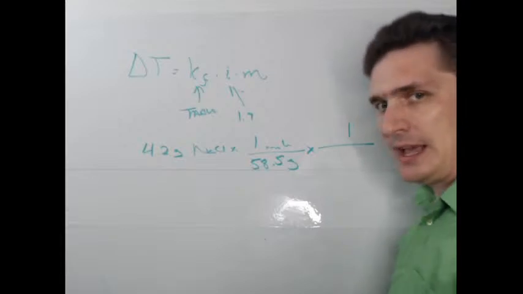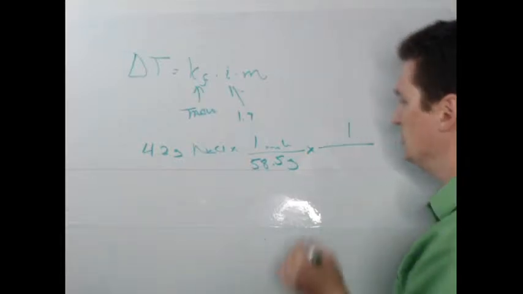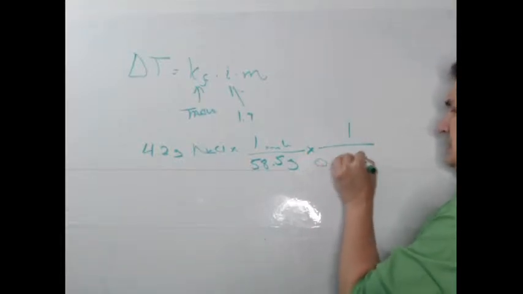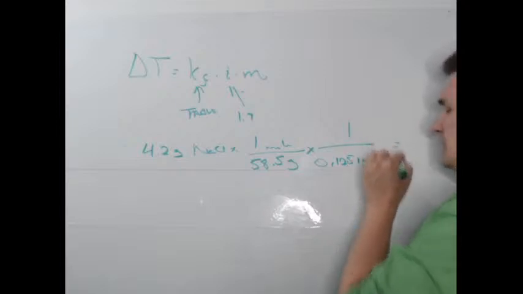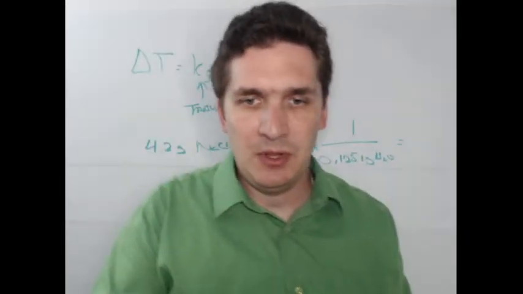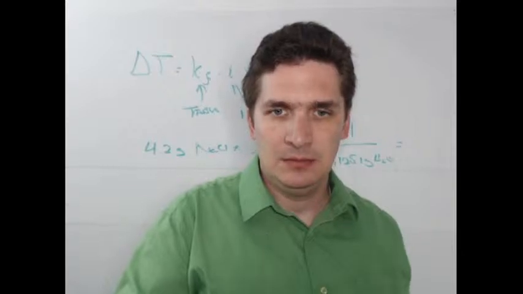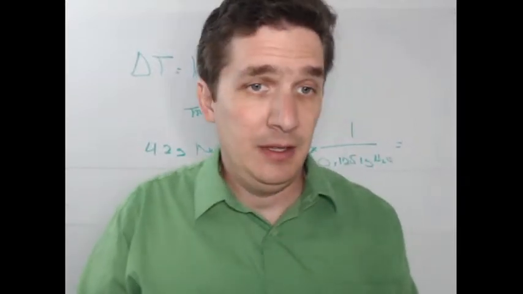And to get it to molality, we need to divide by 0.125 kilograms of H2O. So tell you what, let me bring it up on my computer, and I'll tell you what answer I get.